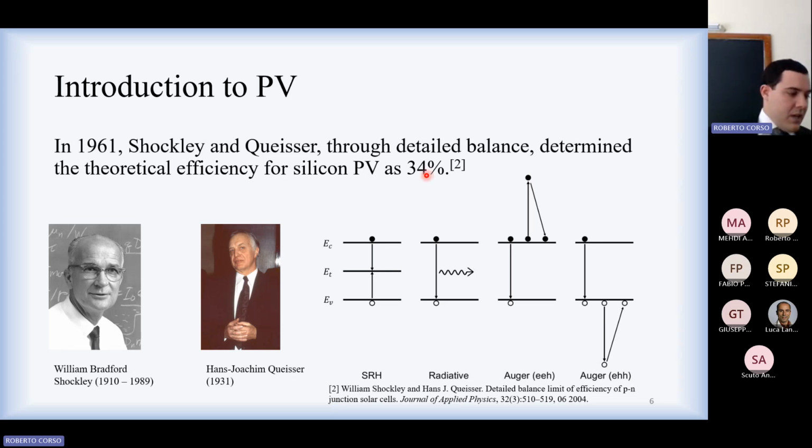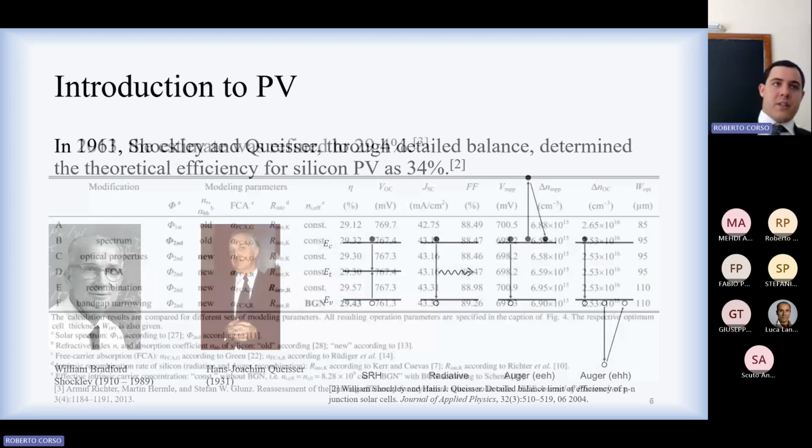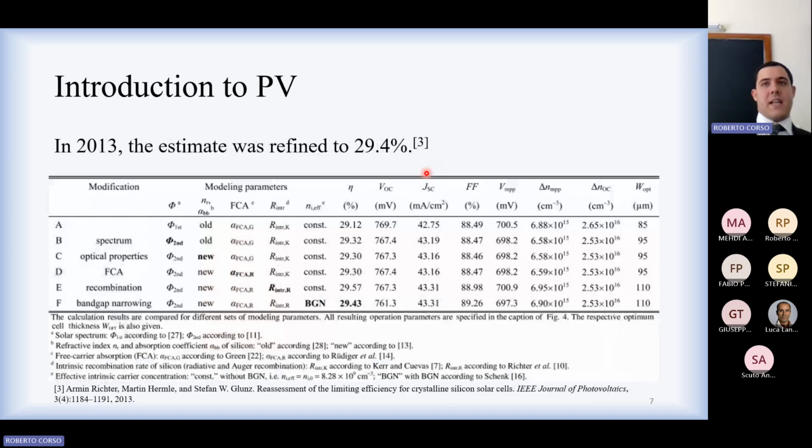34%. Over the years, this estimate has been refined by including other fundamental processes that cannot be eliminated, such as the Auger processes that have been seen previously, and the optical properties of the materials, because Queisser and Shockley also assumed that every suitable photon was absorbed.